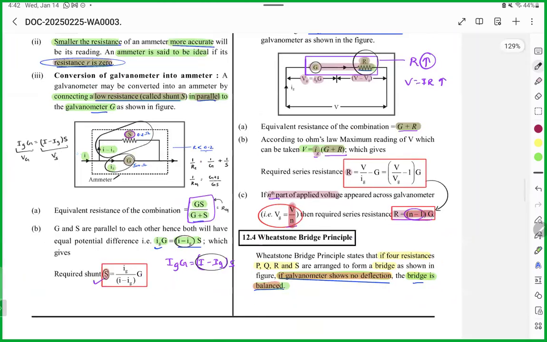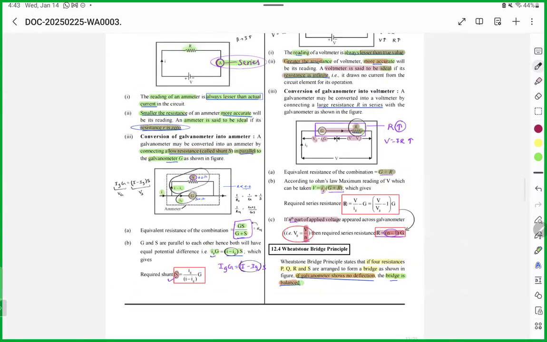Guys, is it going too much, or are you able to understand each and every thing? No, sir. Is it too much or are you able to understand it? It's a bit too much.